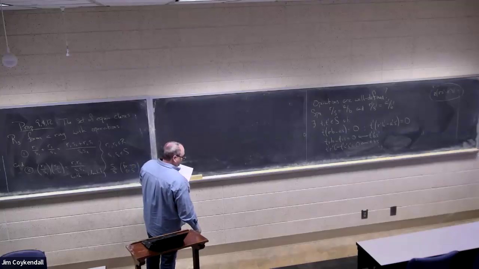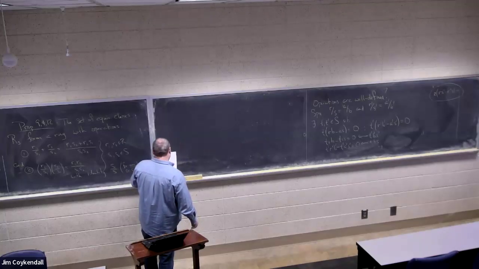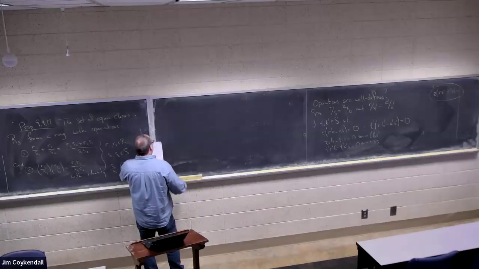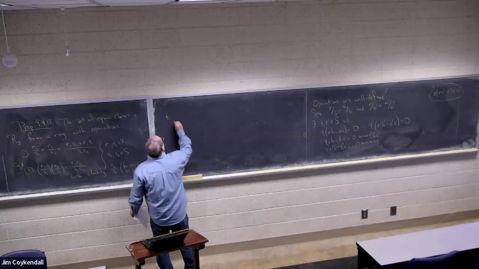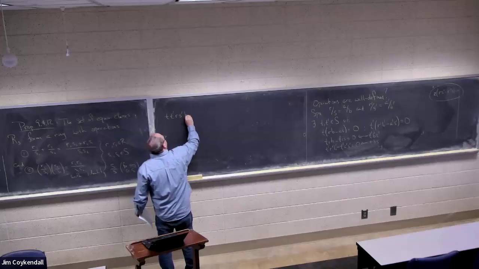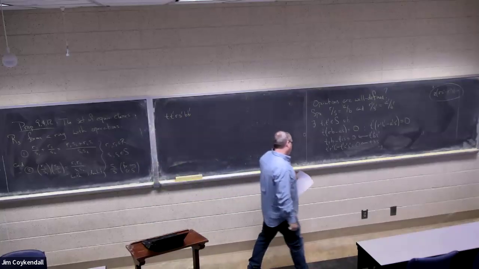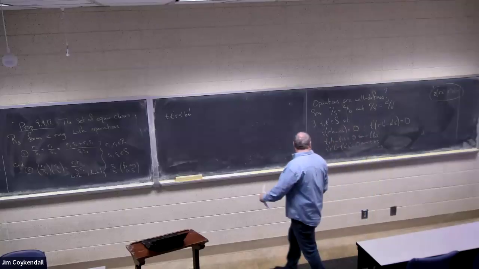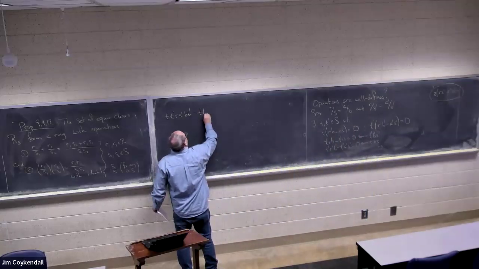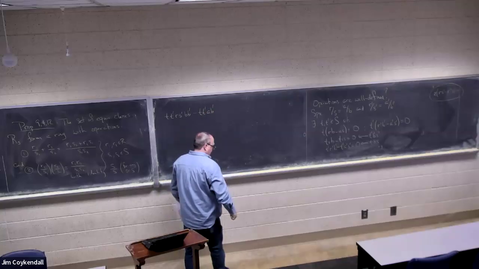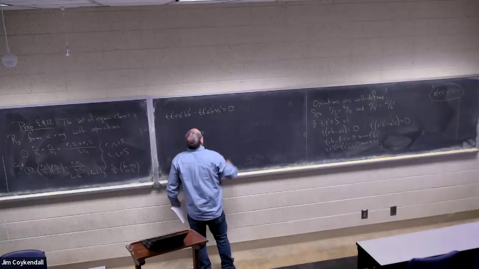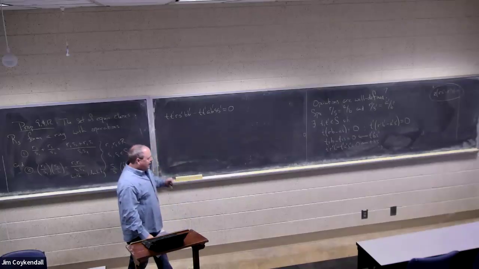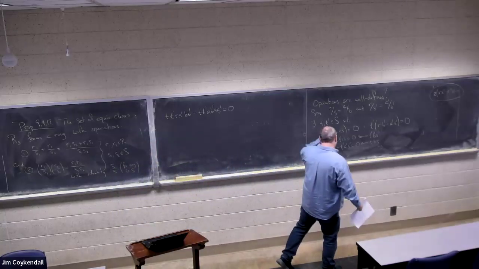For the first equation, I get TT prime RS prime BB prime minus TT prime AB prime SS prime.